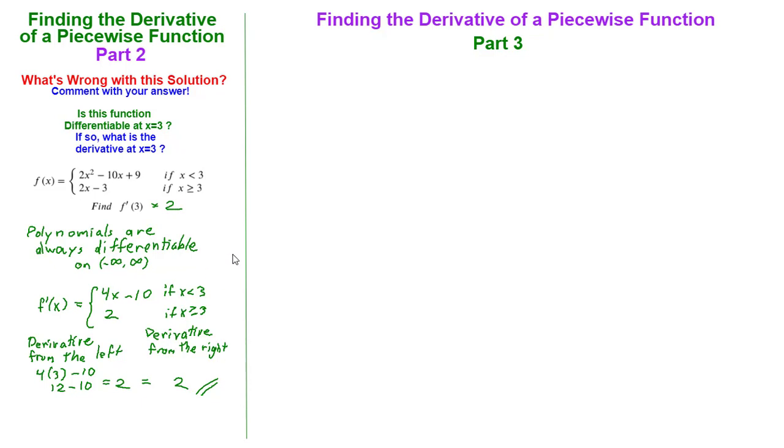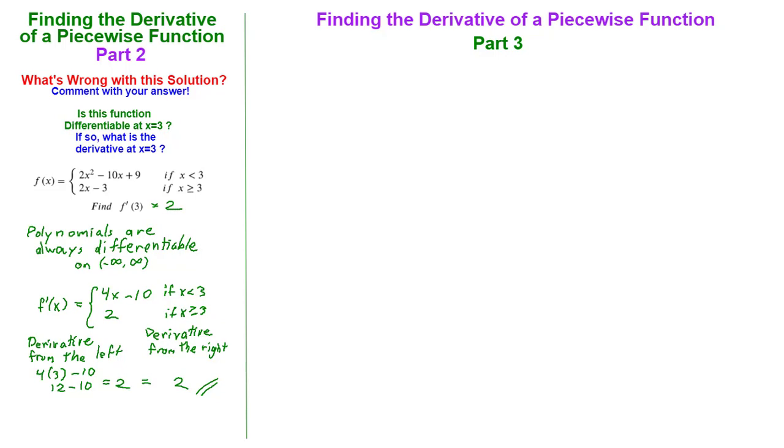That is true. Then we took the derivative from the left and the derivative from the right. Now technically you should not include the or equal to there actually, because we don't know that the derivative exists right at 3 unless the two values are equal to each other, and also that it's continuous.